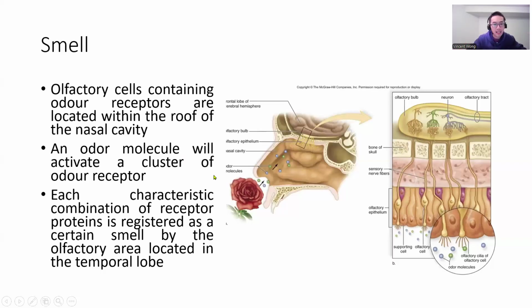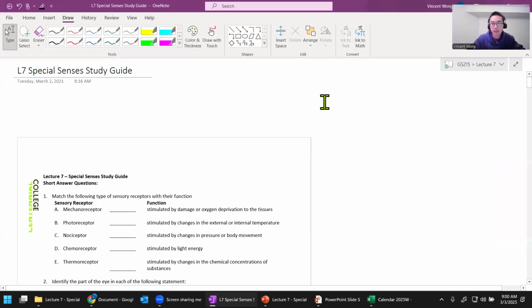So what happens is an odor molecule will activate a cluster of odor receptors, and this cluster of receptors that are being activated creates kind of like a unique barcode that would get interpreted by the temporal lobe in the brain. So let me try to explain this to you. Again, you don't have to copy this down necessarily.